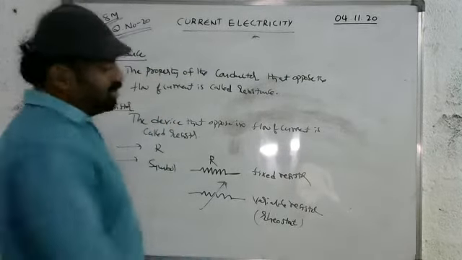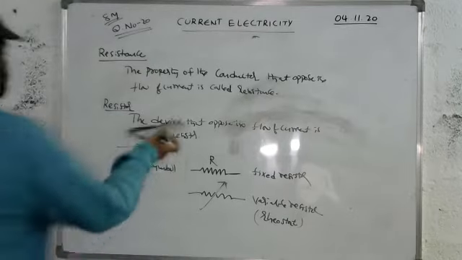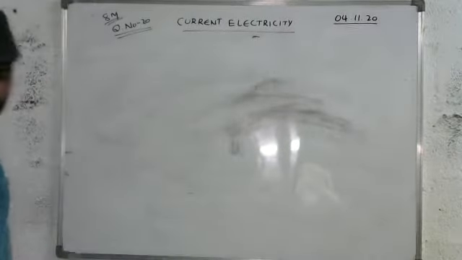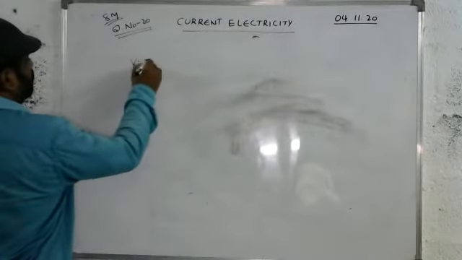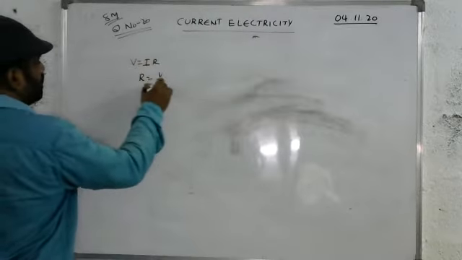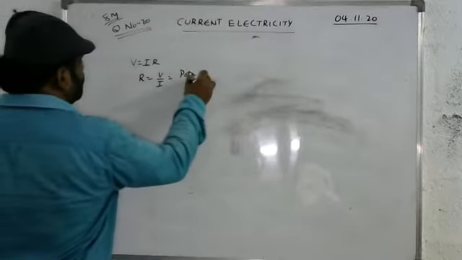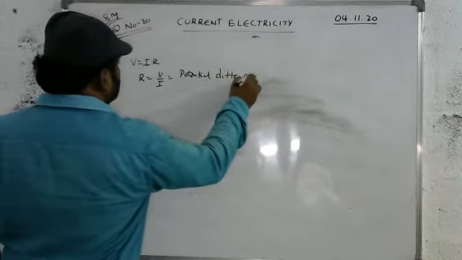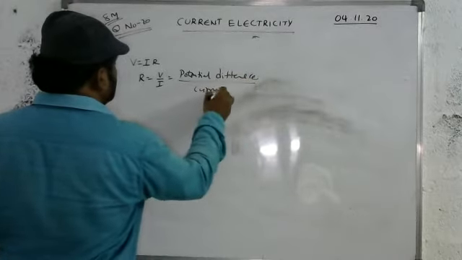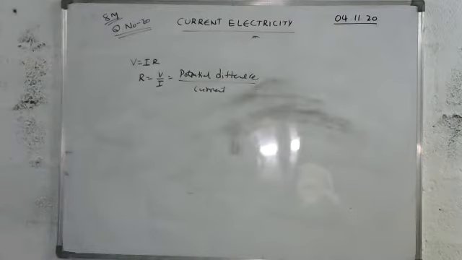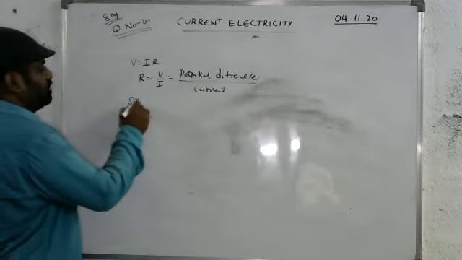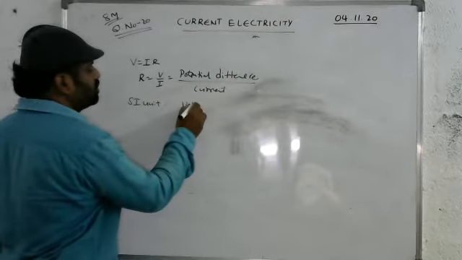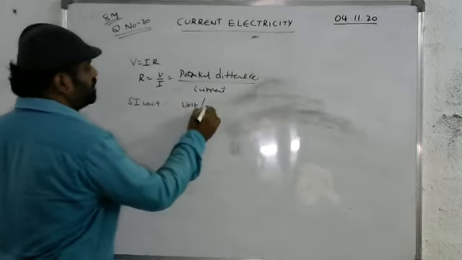Now, what is the SI unit? According to Ohm's law, we have V equal to IR. We can write R equal to V by I. V means potential difference, I means current. The SI unit for potential difference is volt and for current is ampere.